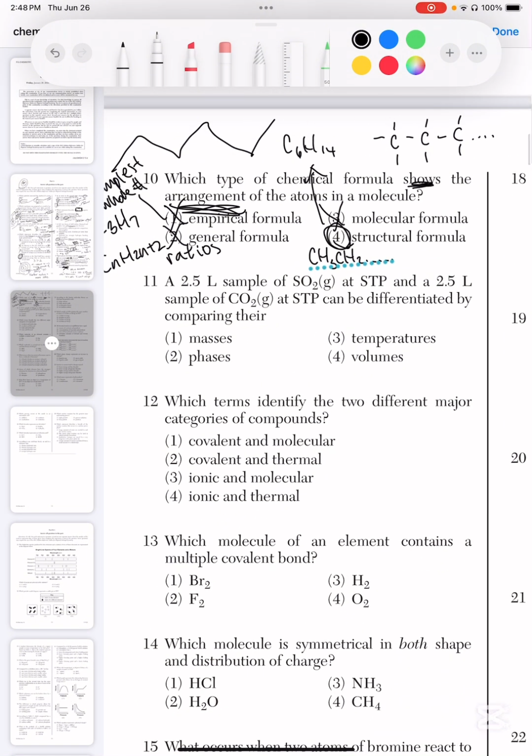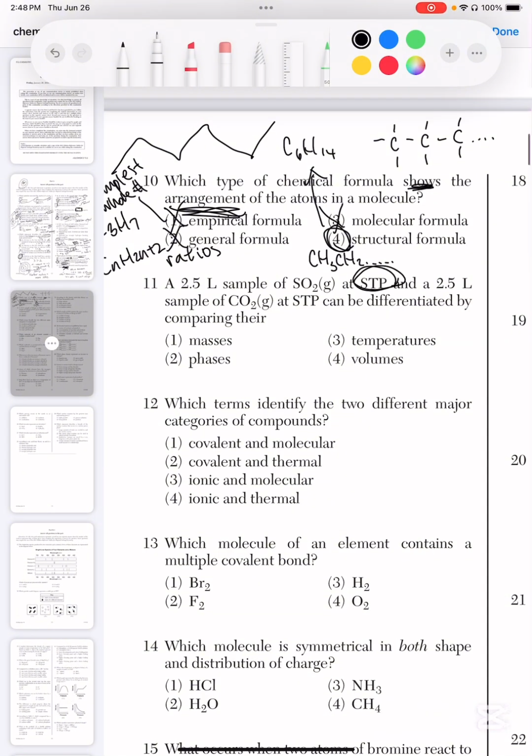Anyways, a 2.5 liter sample of SO2 at STP can be differentiated by comparing their... So it tells us they're at STP, so we cannot differentiate by temperatures. Both of them are gases at STP, so we're not differentiating by phases. We have 2.5 liters, so we cannot differentiate by volumes.